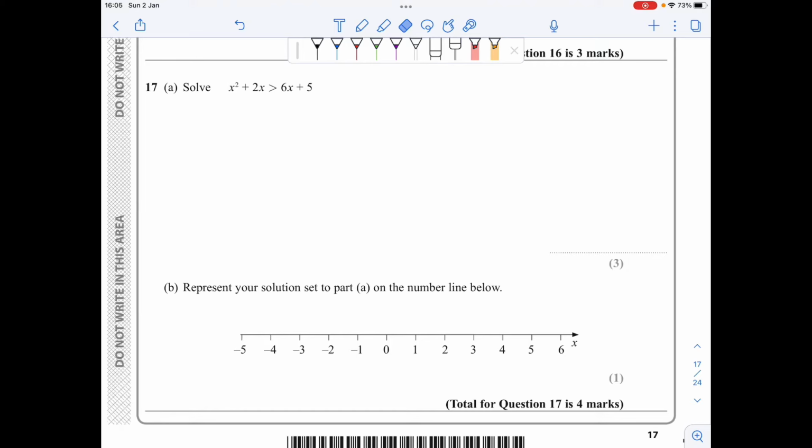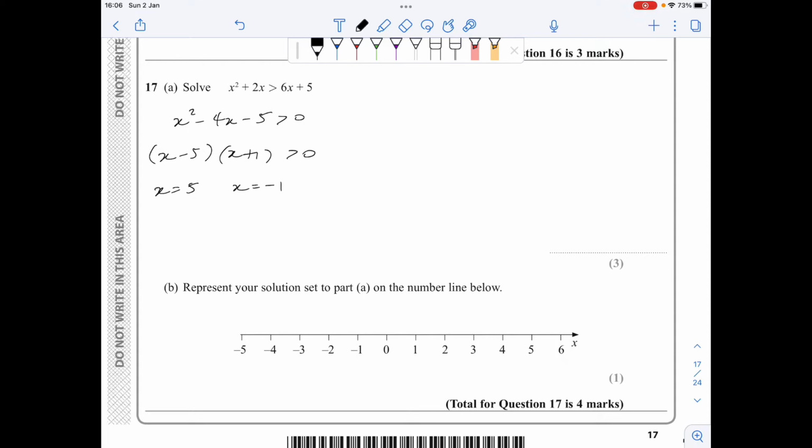I'll start question 17 by taking everything to one side. So x squared minus 4x minus 5 is greater than 0. That's a quadratic inequality. I will factorize, so x minus 5, x plus 1 is greater than 0. Now the critical points or the roots are x equals 5 or x equals minus 1.